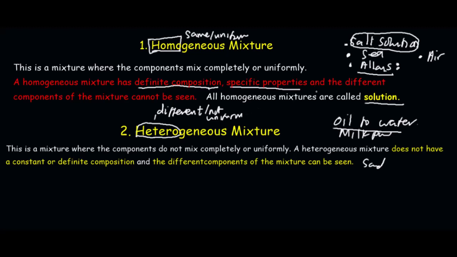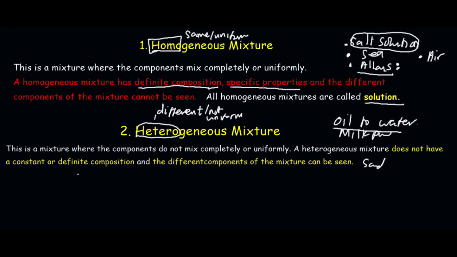For homogeneous mixtures, the different components cannot be seen, whilst for heterogeneous mixtures, the different components can be seen. So these are three differences between homogeneous and heterogeneous mixtures.